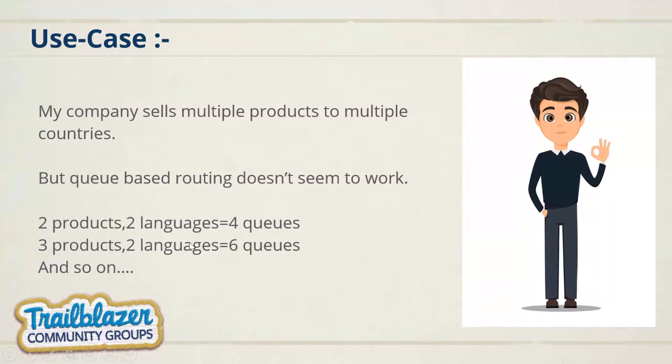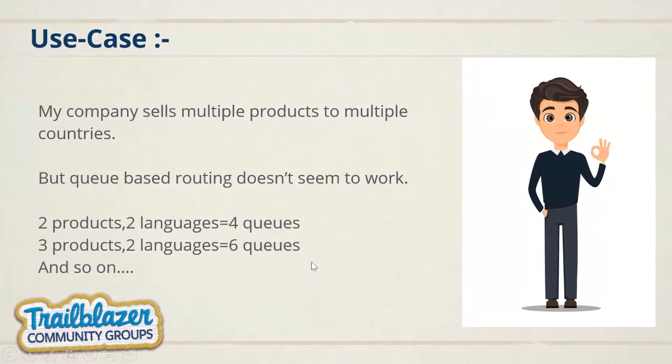If I have 3 products and 2 languages, that means 6 queues. If I have 10 products and 10 languages, that means 100 queues, which is not feasible for a company, to make 100 queues and assign agents and then do the routing.